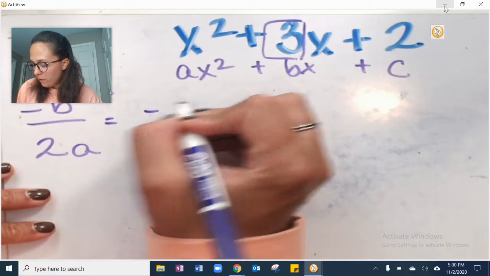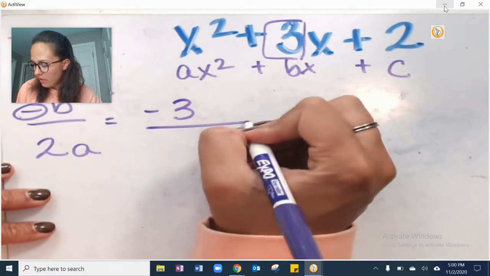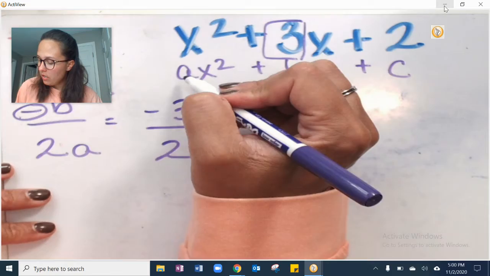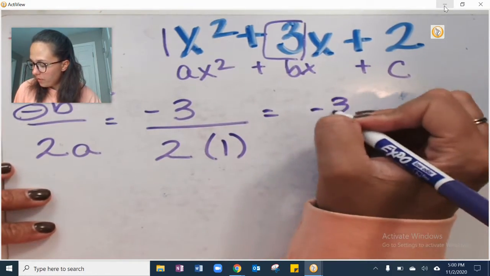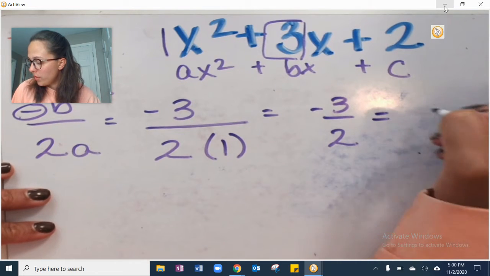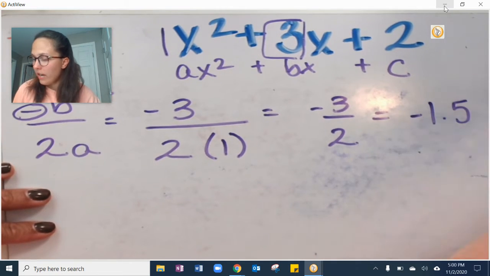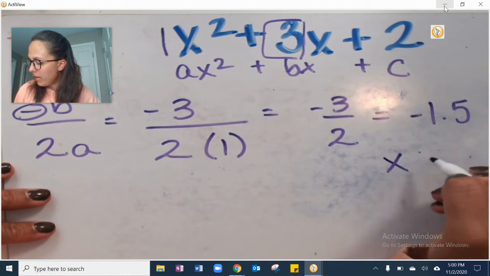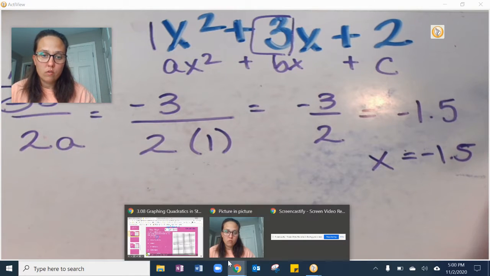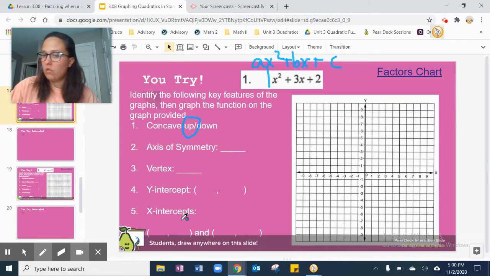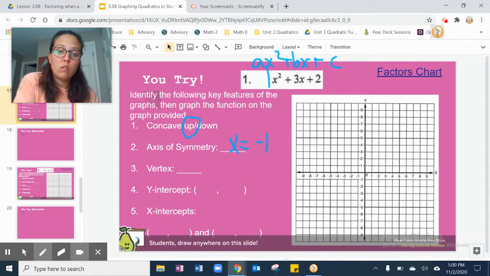So we have negative, for this guy, 3 over 2 times our a term is 1, which gives us negative 3 over 2, or you could write it as negative 1.5. So our axis of symmetry will therefore be x equals negative 1.5. And we will focus on graphing at the end.